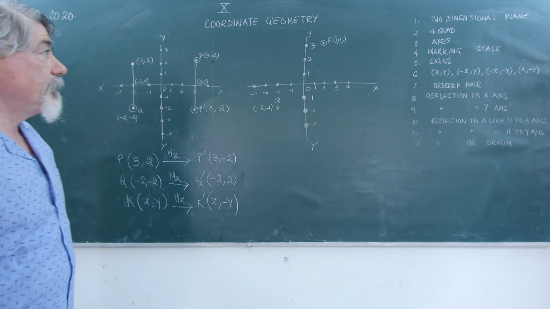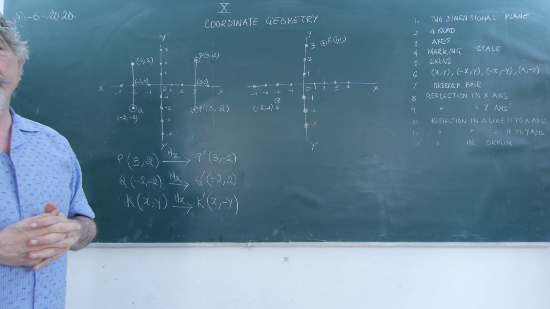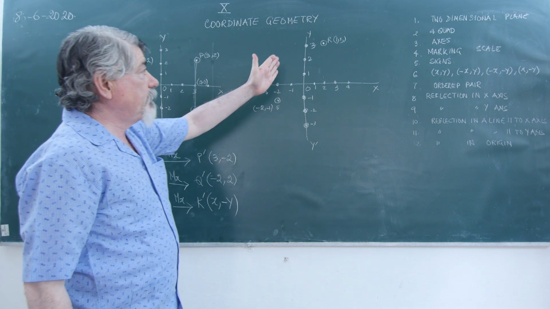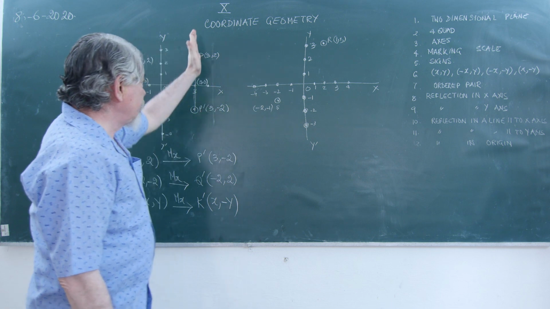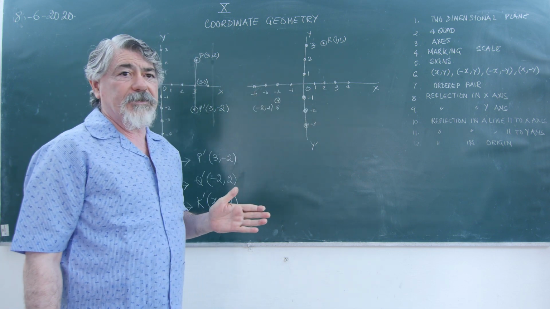Now I will take another question where I am asked to reflect a point in the y-axis. On this other axis, here I did the reflection on the x-axis. Here I am going to use the y-axis as the mirror.